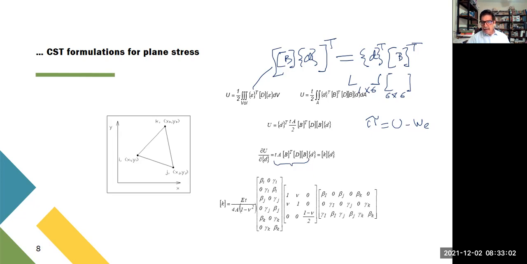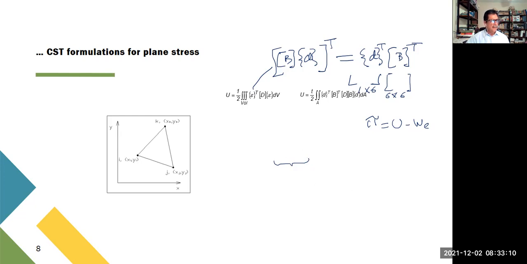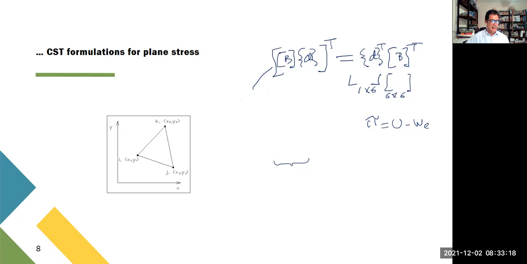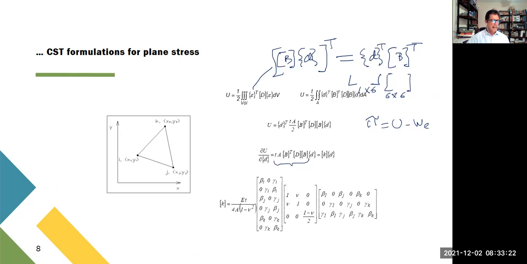And to complete this part, remember in B, I have 1 over 2A in the denominator. Let me go back so you remember that. Here, I have 1 over 2A. So I have 1 over 2A here and 1 over 2A here, so I would have 1 over 4A squared.